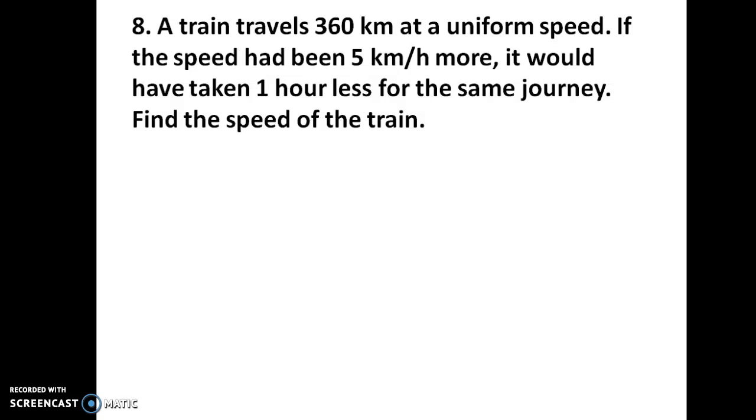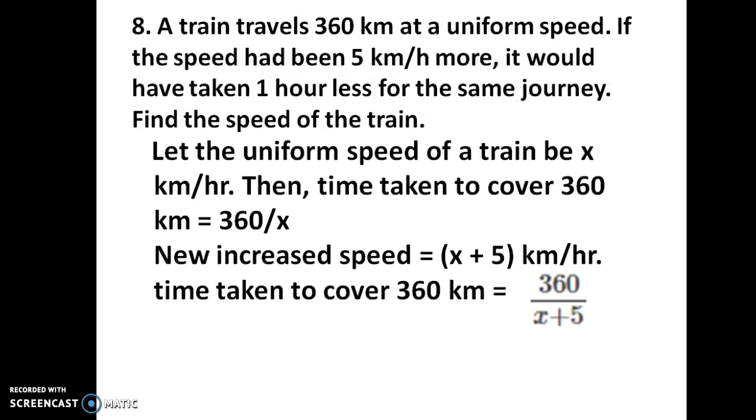So we can take the speed of the train as x km per hour. Then the time taken to cover 360 km is 360 by x. This you know the formula, no? Speed is equal to distance by time.